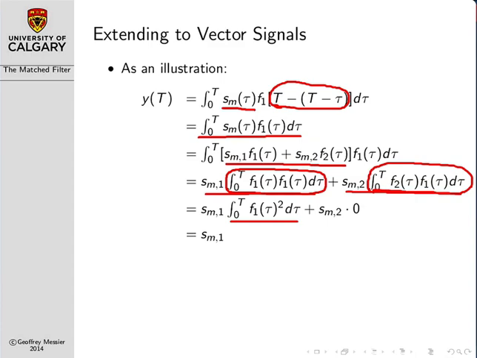And so this integral goes to 0, and the result is the output of the demodulator is just equal to the first signal vector. And you can do this exact same thing for the bottom demodulator branch and show that the output of the bottom demodulator branch is the second signal vector value. And so, just to summarize, thanks to the fact that our basis function signals are orthonormal, we get our signal vector values at the output of the different demodulator branches matched to the different basis function signals.